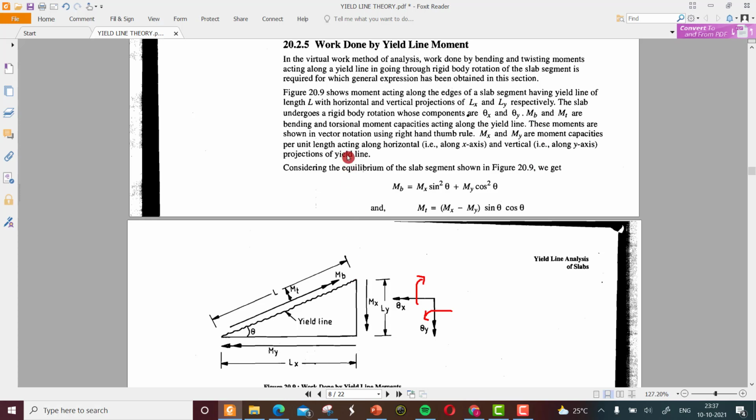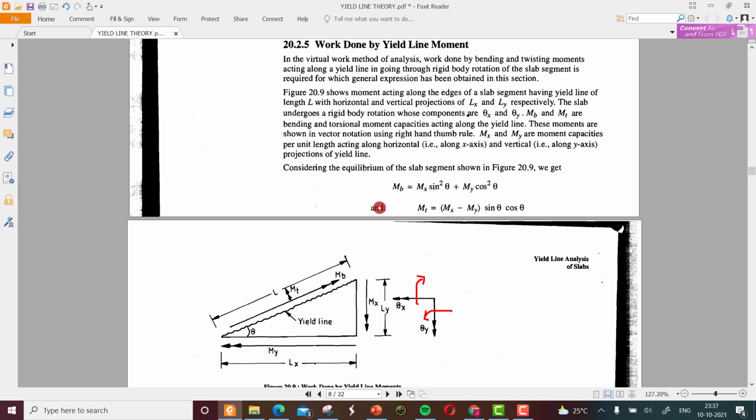Considering the equilibrium of the slab segment shown in figure 20.9, we get that Mb, the bending moment capacity along the yield line, is equal to Mx sin square theta plus My cos square theta.